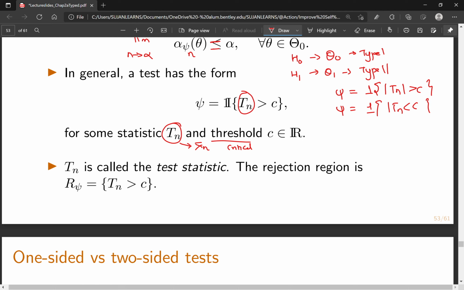The rejection region is all the region in the sample space where Tn is greater than C. Tn is based upon some xn bar, and all the points for which Tn is greater than or equal to C form the rejection region, which will give us H1, which is discovery. That's the main important thing here.